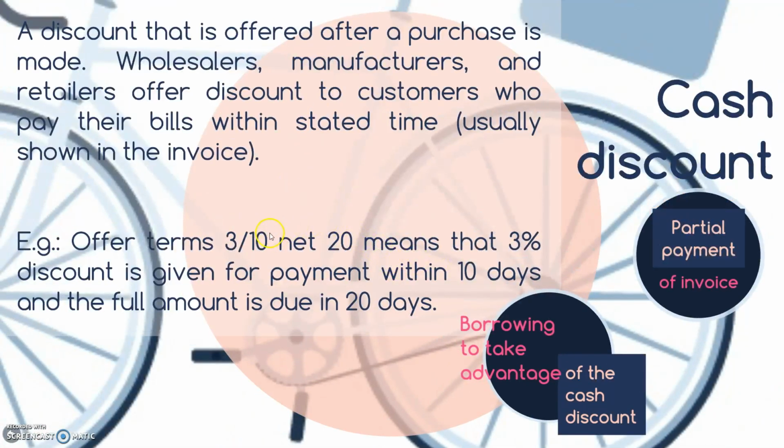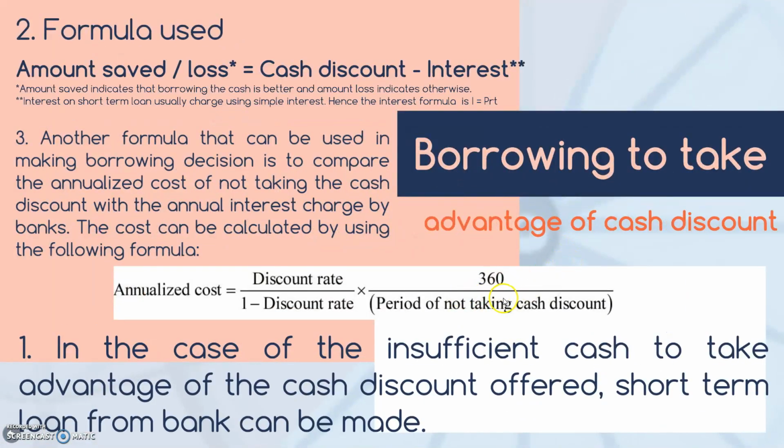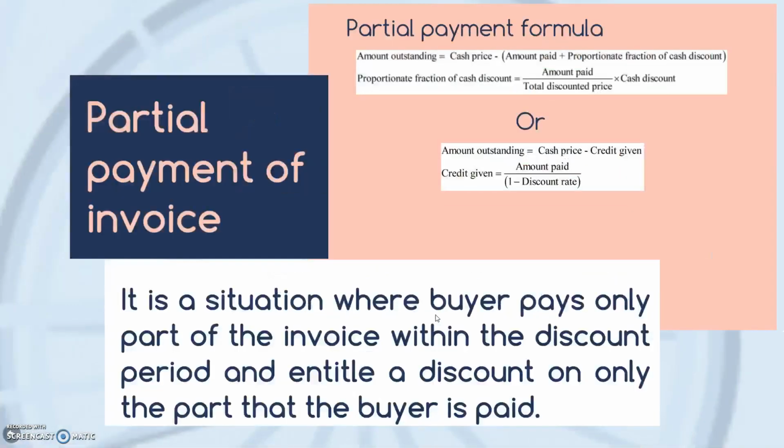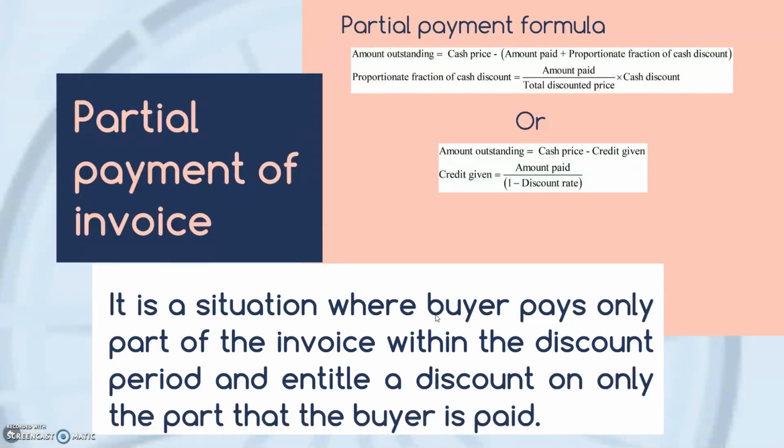The first 10 days is the period of taking the cash discount. So we have 20 minus 10, another 10 days left of not taking the cash discount. That will be the period of not taking the cash discount. That is what we mean here. We are going to discuss further in the example after this. That is about the borrowing.